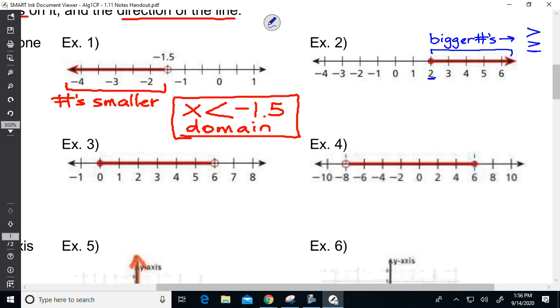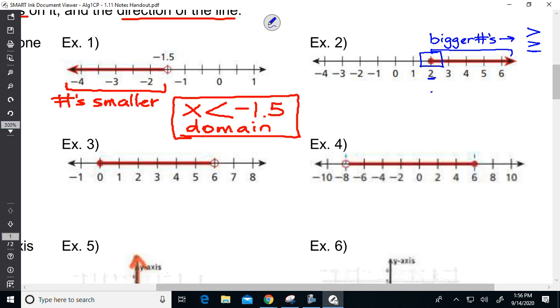When you have bigger numbers, that's indicating greater than or greater than or equal to. Which one we use depends on what that circle was. Since it's a closed circle, that means it's either equal to 2 or it's greater than 2.